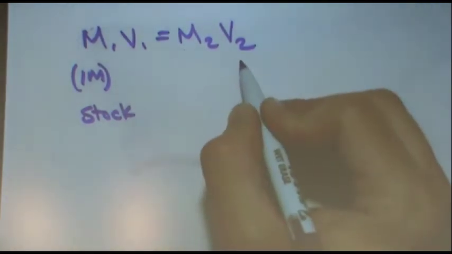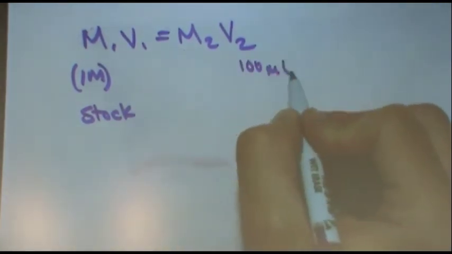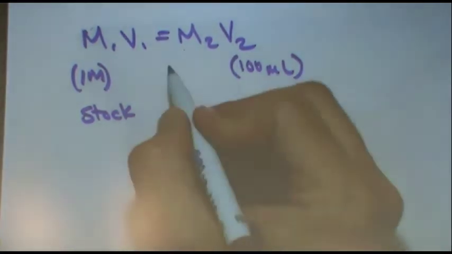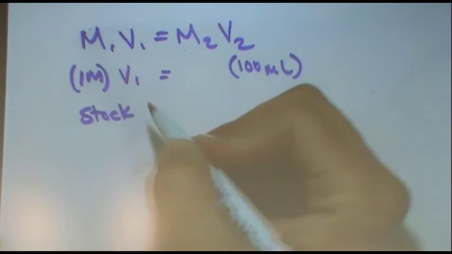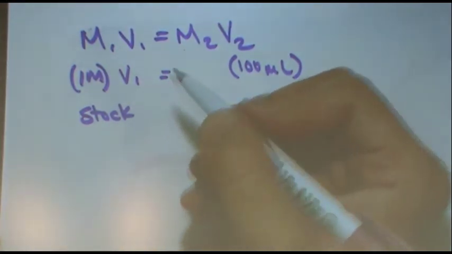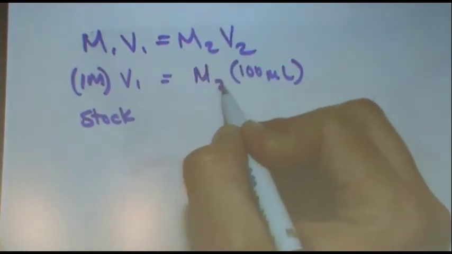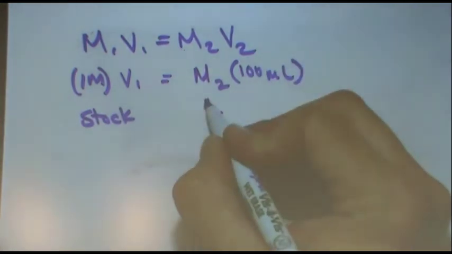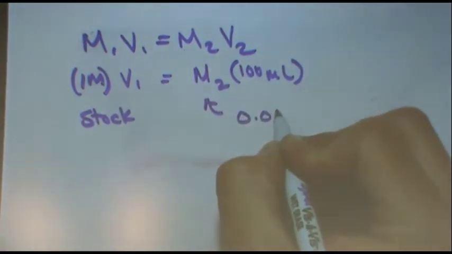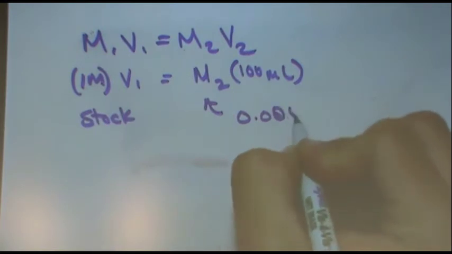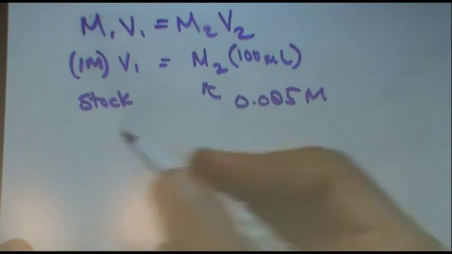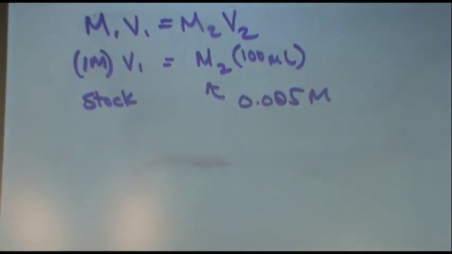I want to make 100 milliliters of it. I want to know volume 1, that initial volume. The problem is, I also don't know molarity 2, or do I? Oh, I do. There it is. I missed it. 0.5 molar. So that would just divide through by the 1 molar.